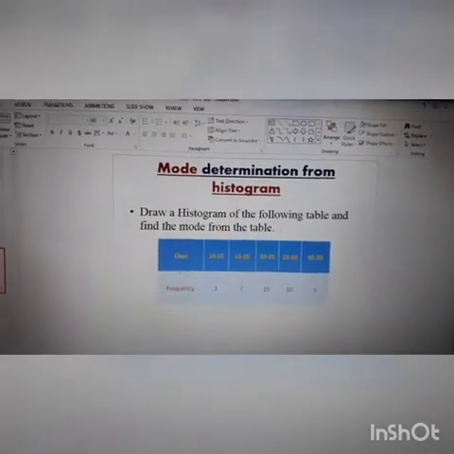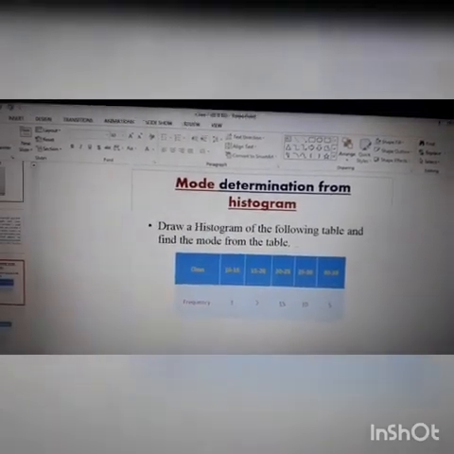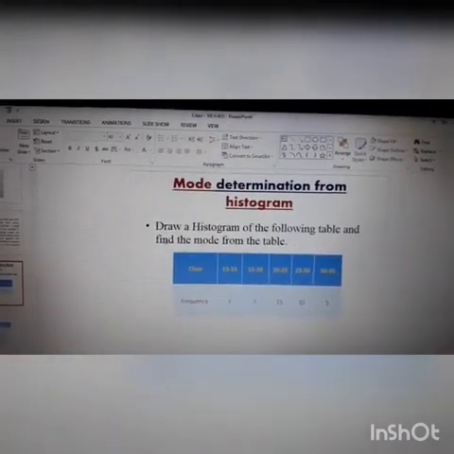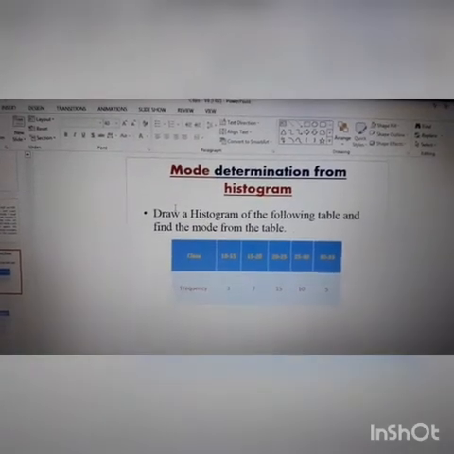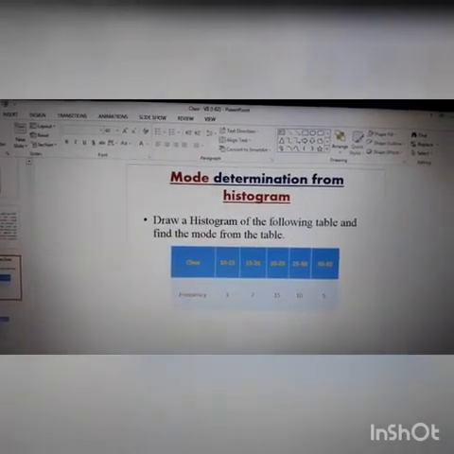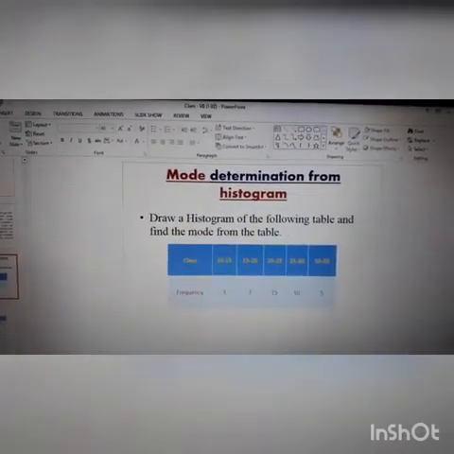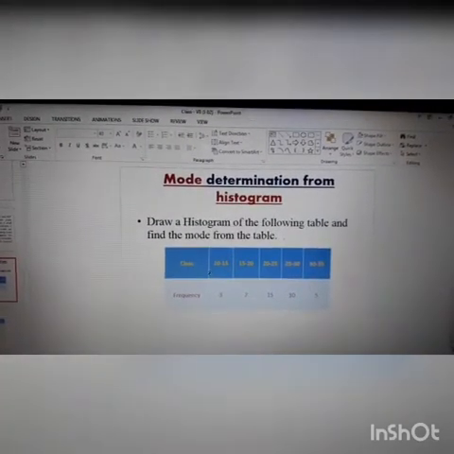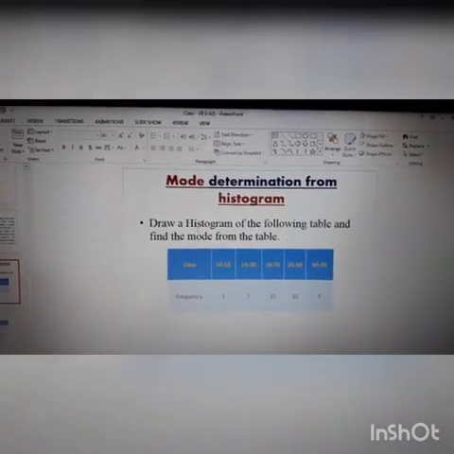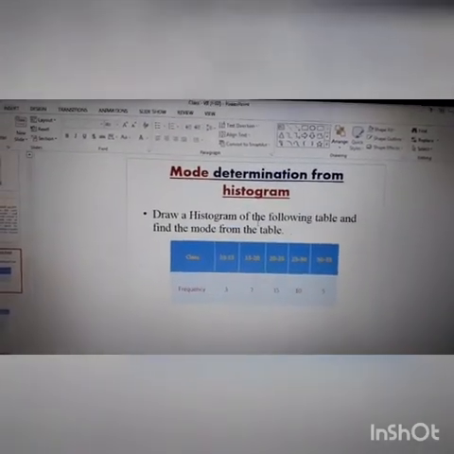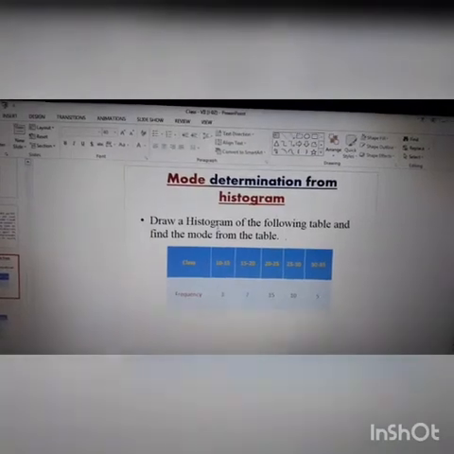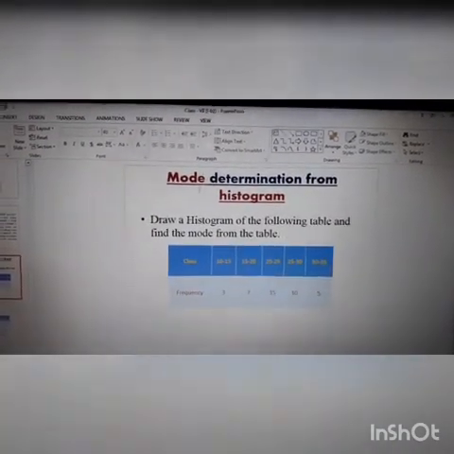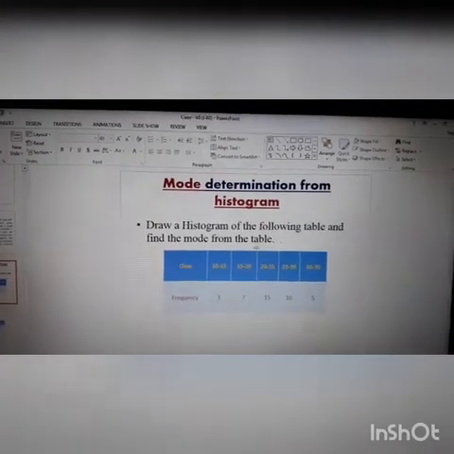In the previous question, ungrouped or disorganized data was given, so we had to make a frequency distribution table. But here we see that a frequency distribution table is given directly. Using this frequency distribution table, we have to draw a histogram and locate the mode on the drawn histogram. So, today the topic is mode determination from histogram.